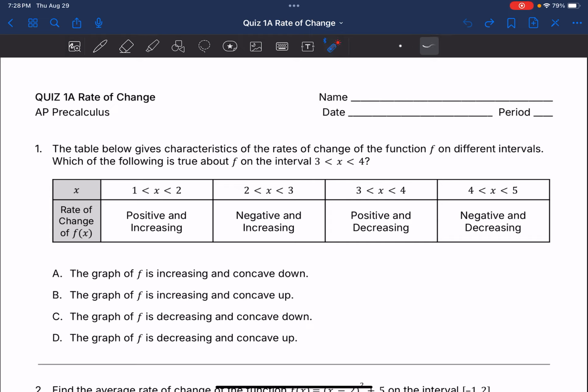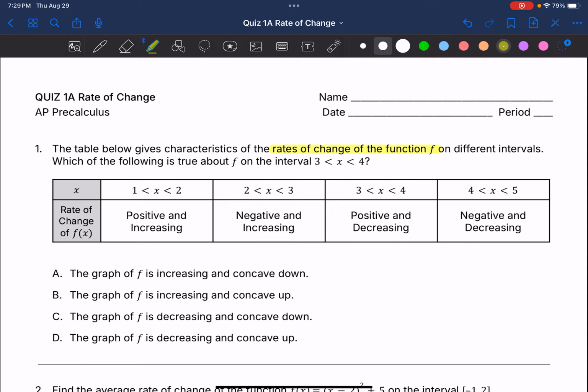Okay, so number one says, the table below gives characteristics of the rate of change of the function f on different intervals. Which of the following is true about f on the interval 3 is less than x is less than 4? Okay, so they're describing what's happening to the rate of change. So what is happening to the rate of change of the function?